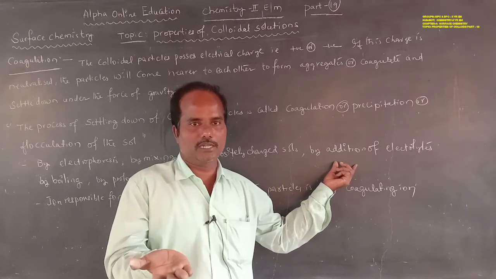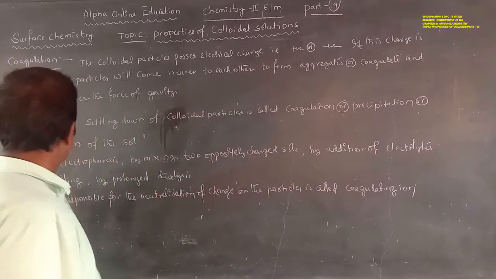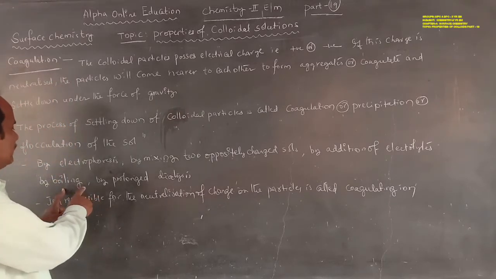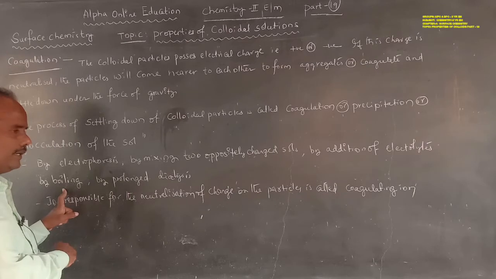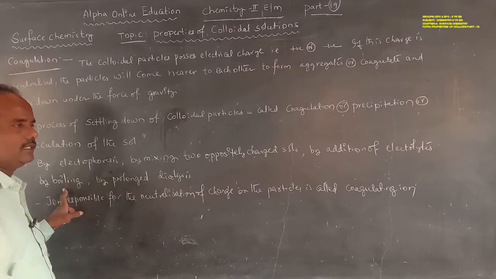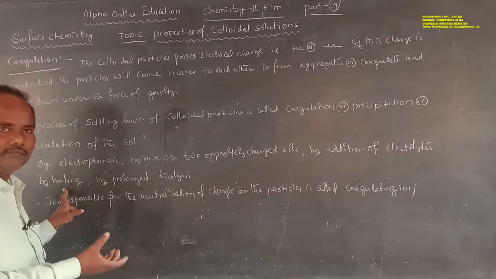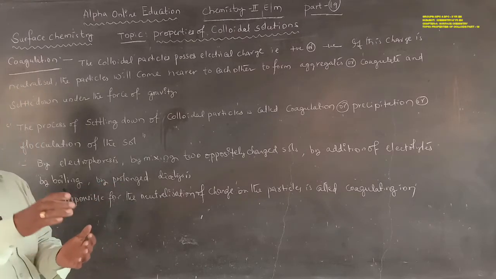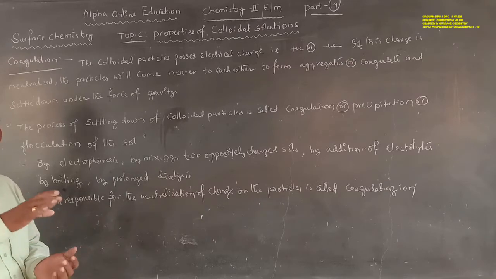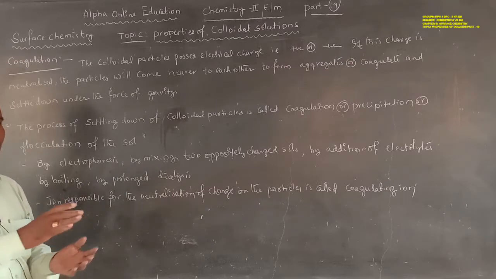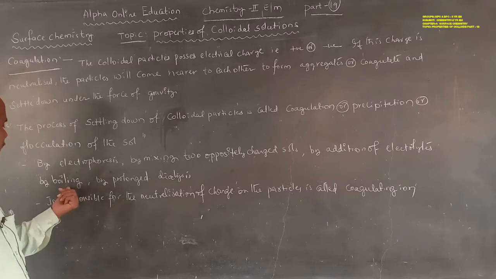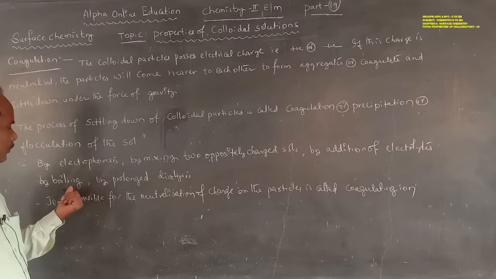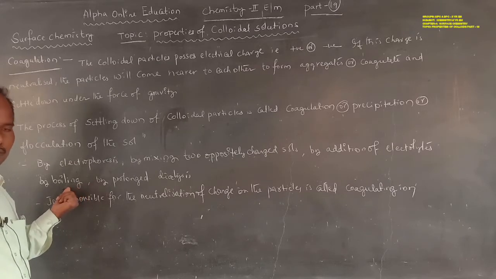It destabilizes. Next, by boiling, coagulation also happens, because when heat is supplied, the movement of dispersed phase and dispersion medium particles is increased. As a result, charge can be lost and coagulation happens.